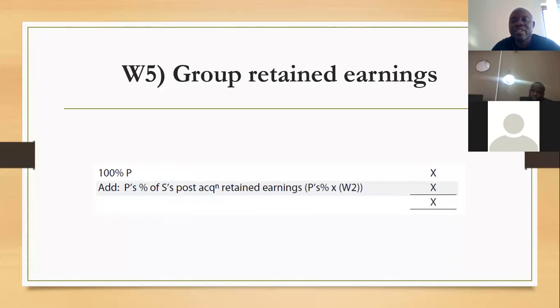This one would obviously be 100% from P, which you find in the balance sheet. Then you pick the post acquisition. You only pick a share of the parent undertaking.